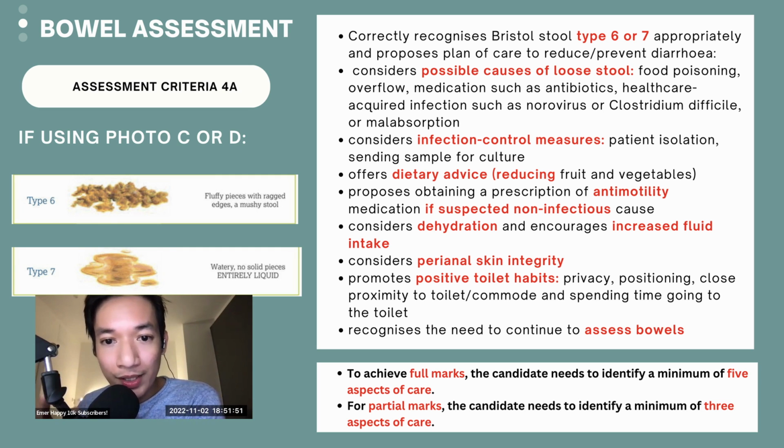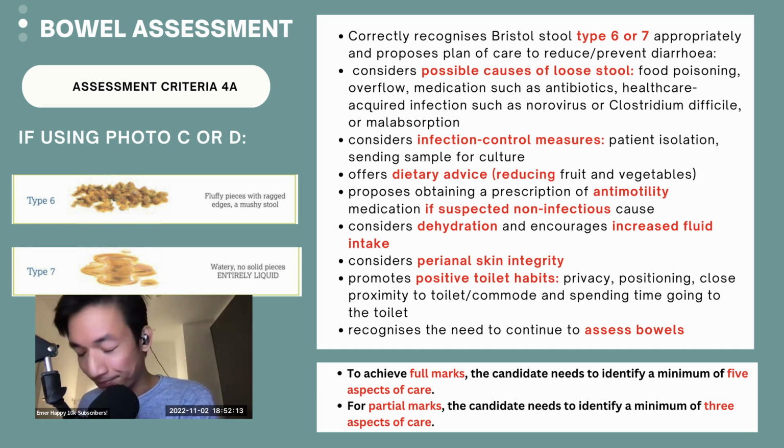Next is reducing fruit and vegetables as dietary advice, and obtaining anti-motility medication. Dehydration and increased fluid intake is the same as the last scenario, even the positive toilet habits. So it makes your life easier, because 2 of the items are the same as the last scenario.